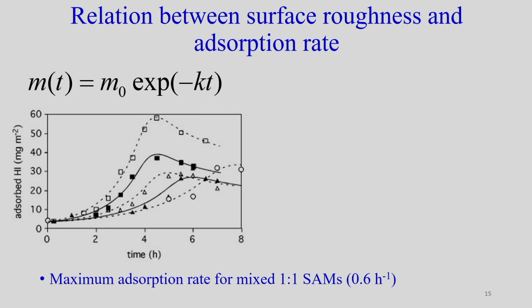The different symbols indicate the different surfaces. Here we can see the rate of protein adsorption is different, and the adsorbed amount can be fitted with the exponential function m t equals m naught e to the power minus k t, and this k is the rate of adsorption.